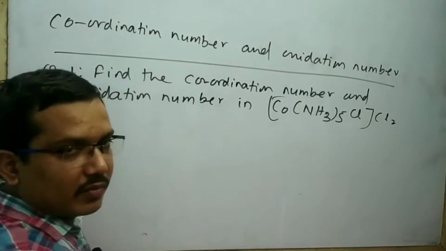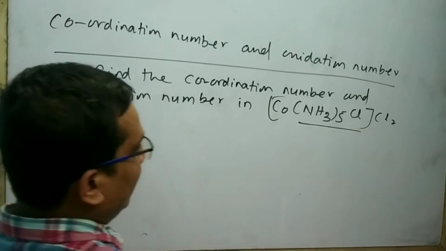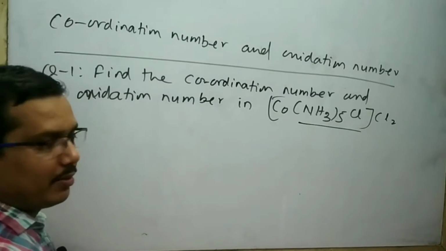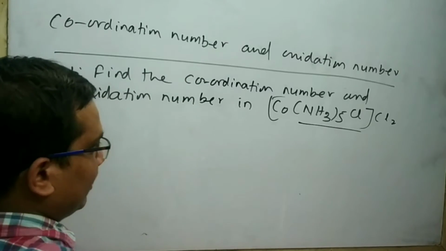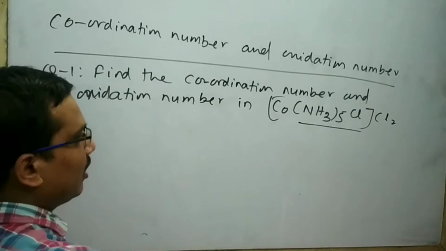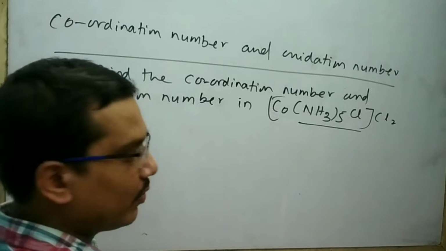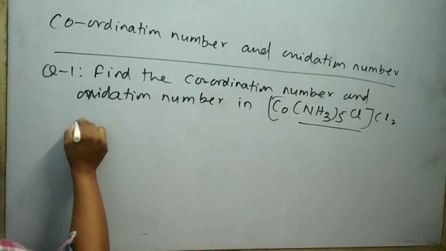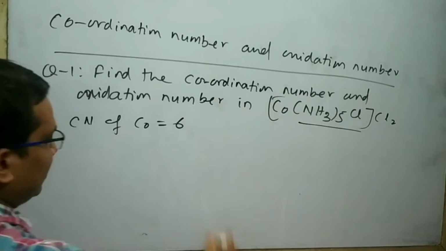In this compound 6 ligands are present. Among the 6 ligands, 5 are NH3 and 1 is chlorine, and the 6 monovalent ligands are attached to the central metal atom or ion with 6 coordinate bonds. So the coordination number of cobalt is equal to 6.